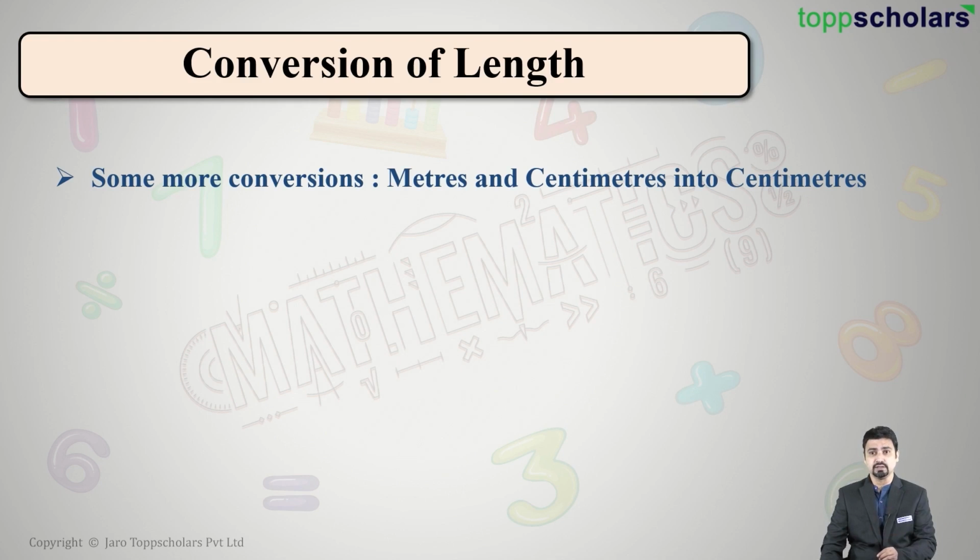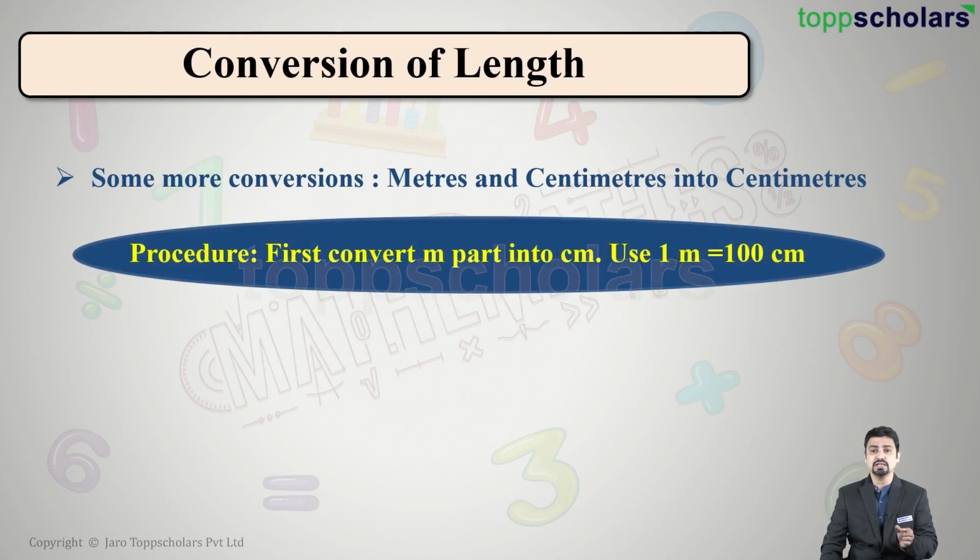Let's move ahead. Now, let's look at some more conversions like meter and centimeter into centimeter. When your question is given in meter as well as centimeter together, we first convert the meter part into centimeter. How? By using 1 meter as equal to 100 centimeter.